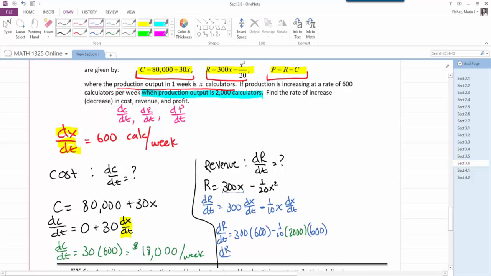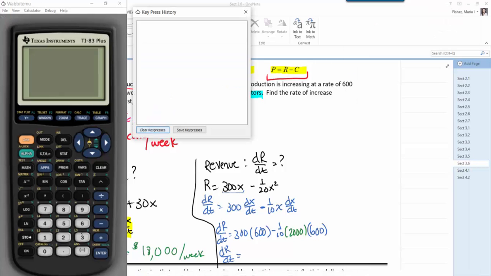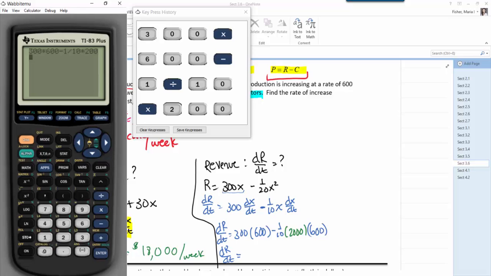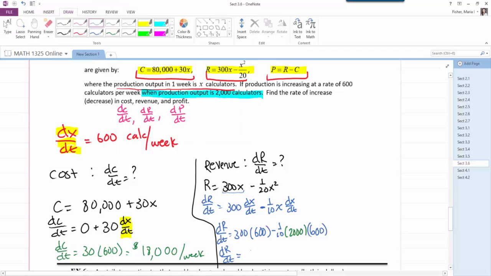So then the rate of change in my revenue is going to be, grabbing a calculator, 300 times 600 minus 1/10 times 2,000 times 600. And we end up with 60,000. So our revenue is increasing, because it's positive, at a rate of $60,000 per week.